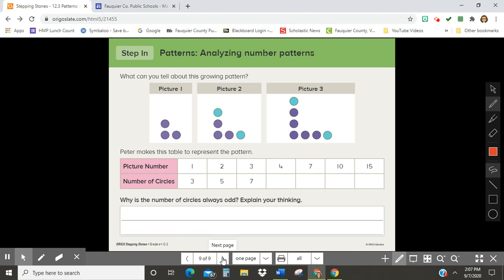Well, I know that if you double a number, it's usually even, but if you add 1 more, it makes it odd. So that's what I would write. All of these numbers, when doubled, are even, but then you add 1, which makes it odd.